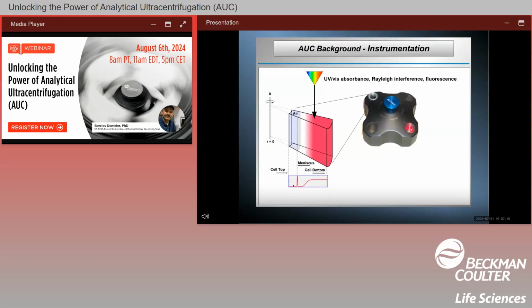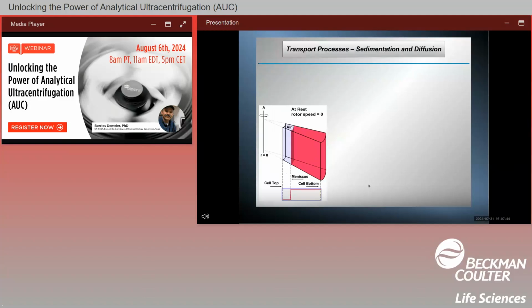The light is then measured, that either is transmitted or emitted or refracted, and a concentration gradient is observed that then over time results in multiple boundaries whose speed of movement we can then measure to determine the sedimentation coefficient. The shape of the curve is also proportional to the diffusion of the molecule, and so we can also measure the diffusion coefficient from that.